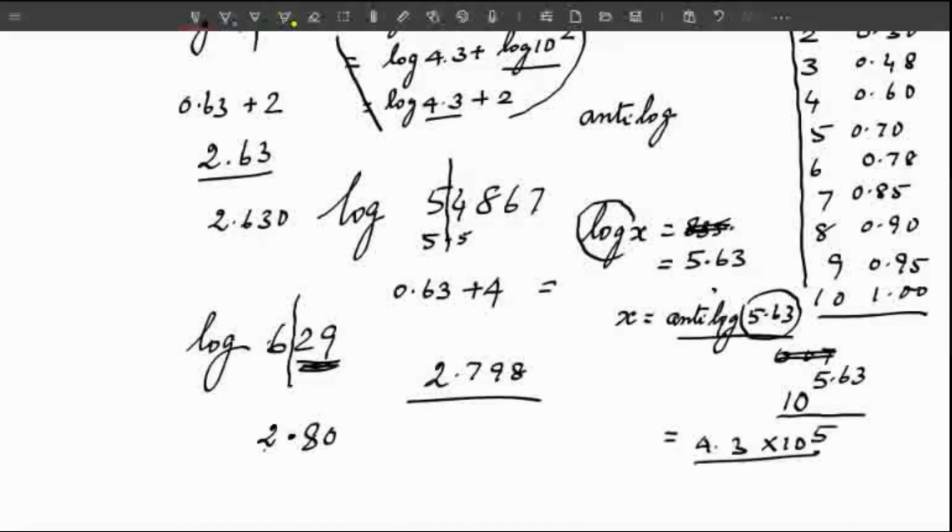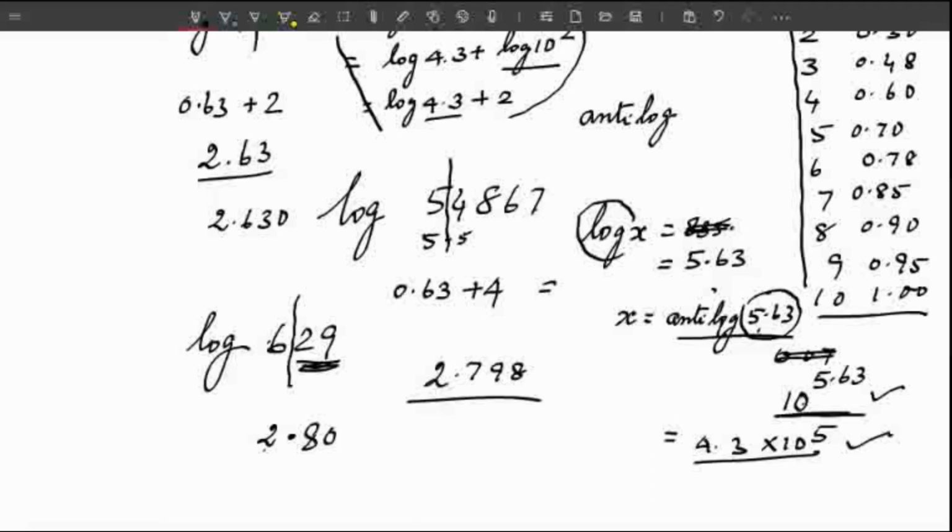They will give either in this way or in this way. In this way it is written directly: taking the anti-log of some number means raising that number as the power to the base 10, 10 power 5.63. That is the anti-log value.